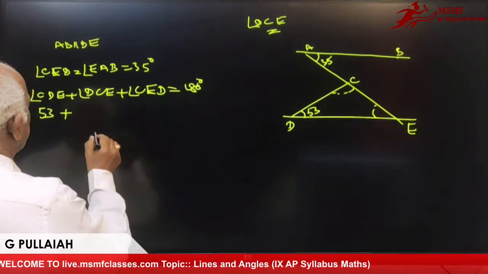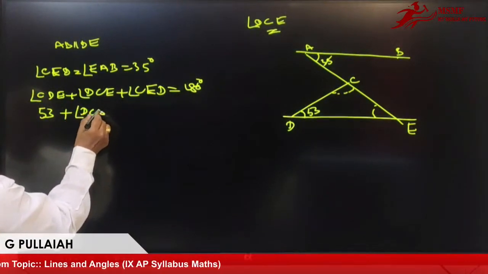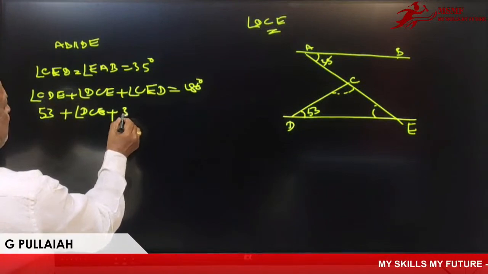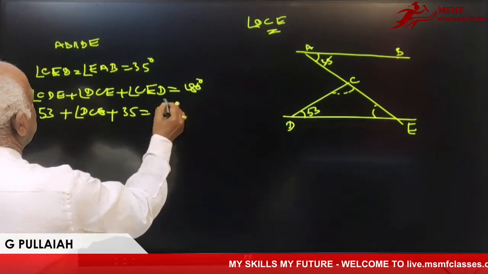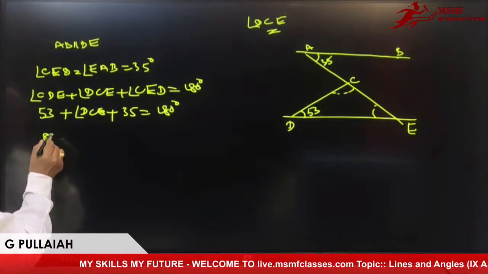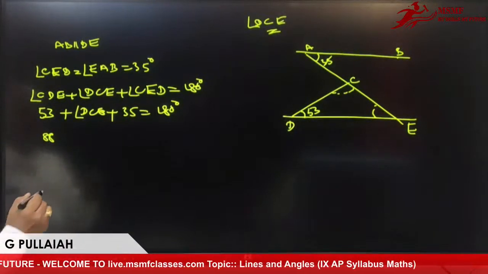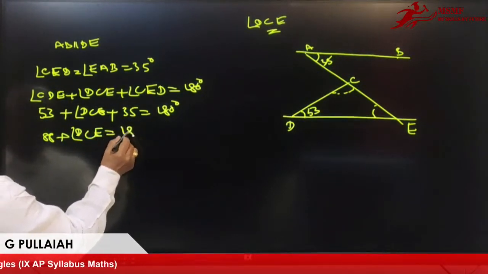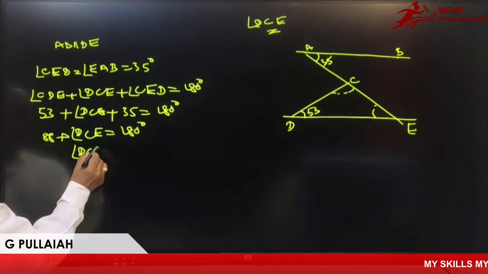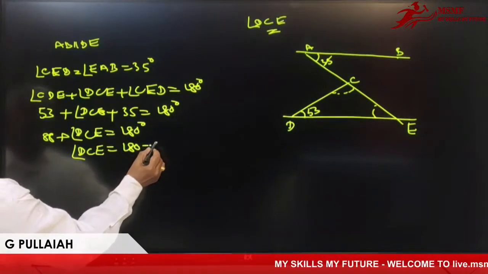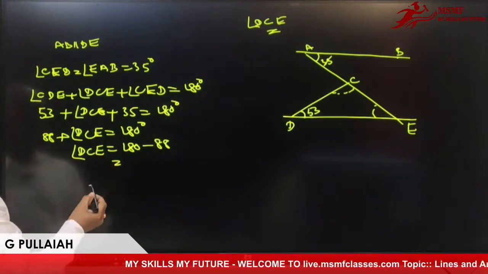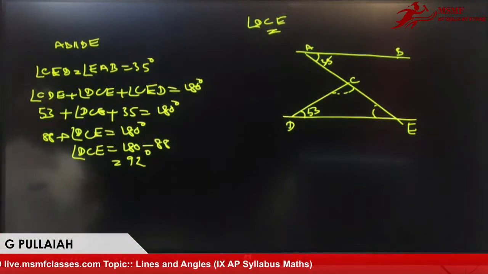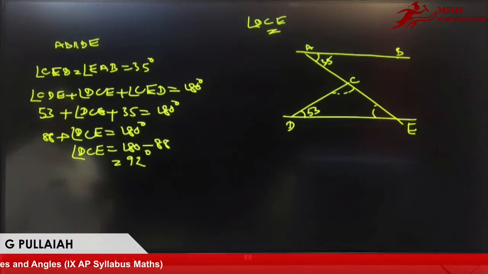Angle DCE we are expected to find, plus angle CED, just now we got it as 35 degrees. So 53 plus 35 is 88 degrees. Therefore angle DCE is 90 degrees.